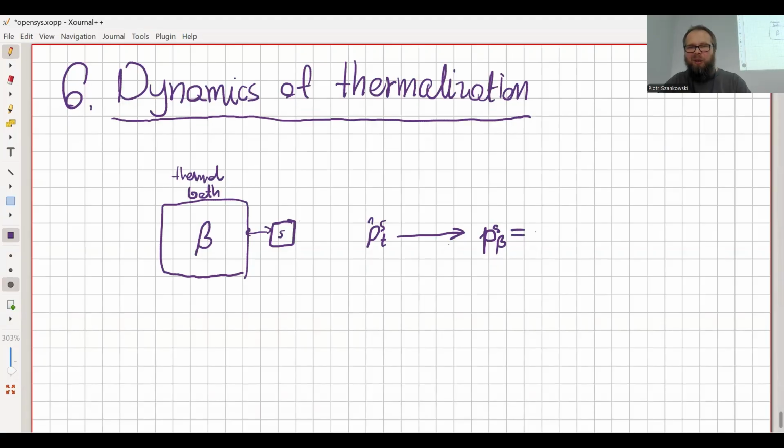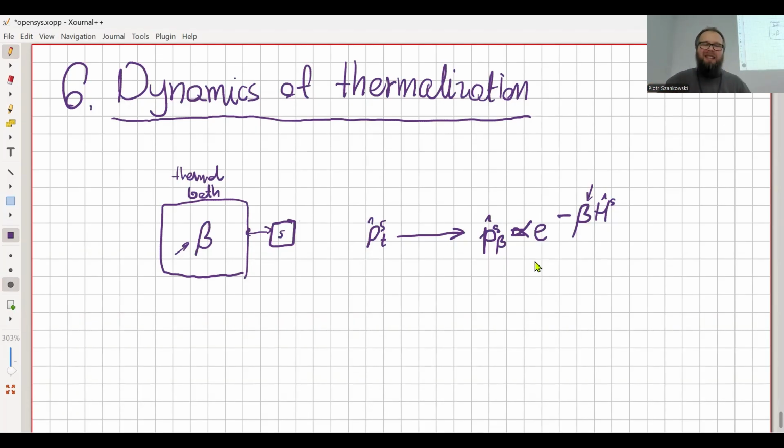It should approach the state of thermal equilibrium, proportional to e to the minus beta H, where beta is the same temperature as that of the bath, and H is an operator representing the energy in our system S. The whole of thermodynamics and statistical physics is built around the assumption that this is how it works.